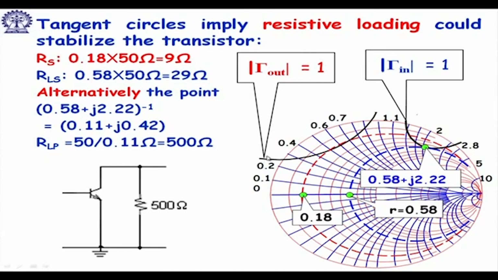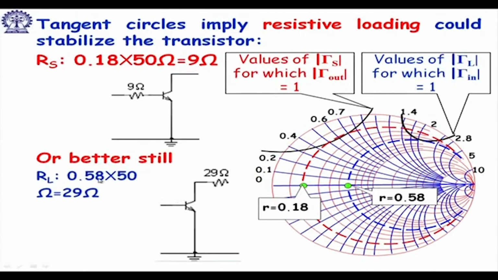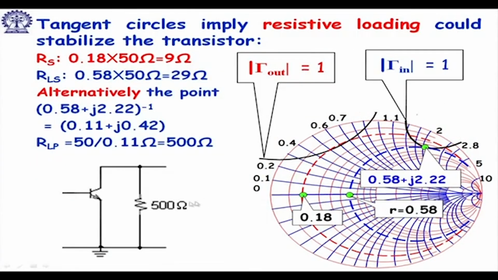From that 0.11, for admittance conductances I need to divide, so 500 ohm. Instead of the previous case where I gave a 29 ohm series resistance, I can also give a 500 ohm parallel resistance on the load side, and that will also stabilize the transistor.